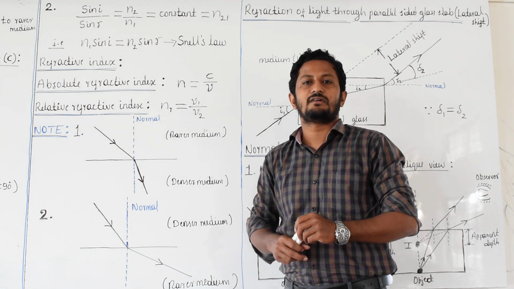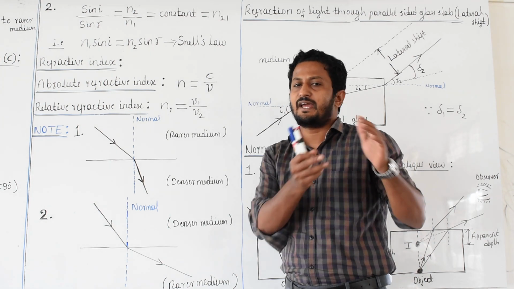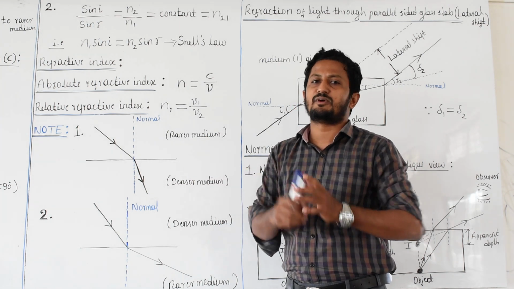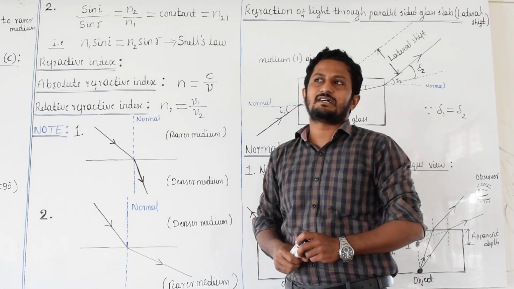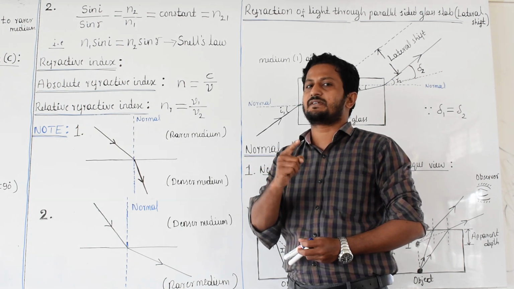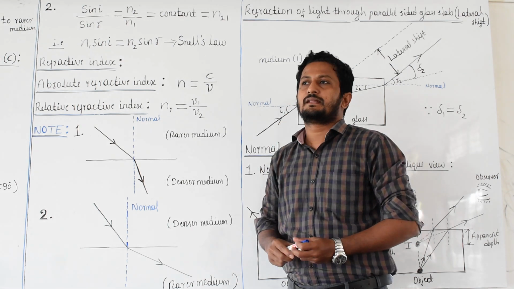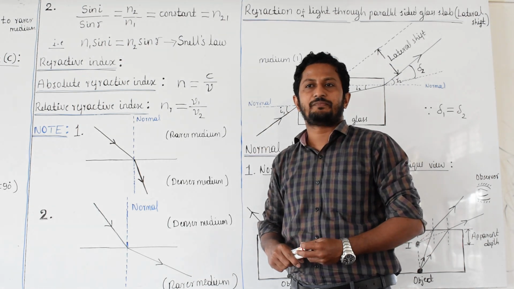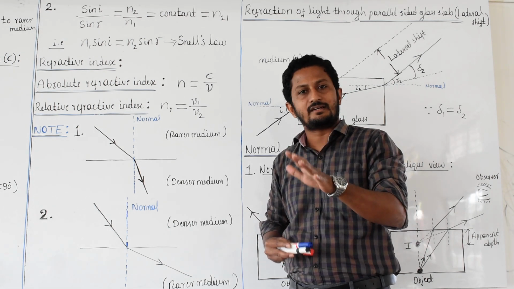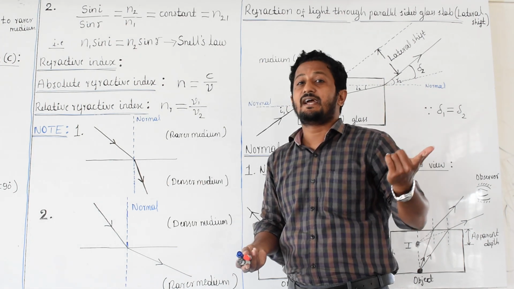Here you are comparing the speed of light in air with the speed of light in any other given medium. In the previous class I said the small c symbol we use to represent the speed of light in vacuum or air. Then the small v symbol we use to represent the speed of light in any other given medium, other than the air medium.